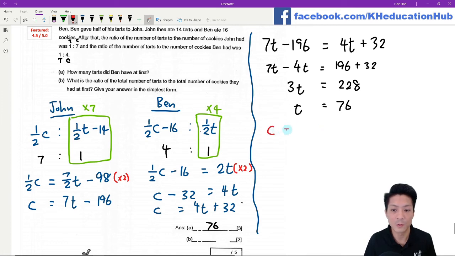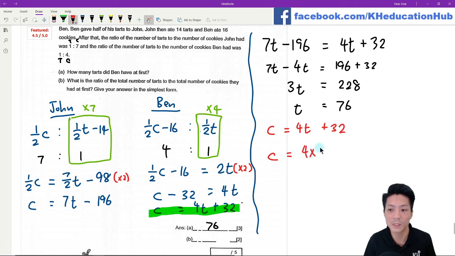We know that cookies is equal to 4 tarts plus 32, from over here. So the cookies is equal to 4 times 76 plus 32.